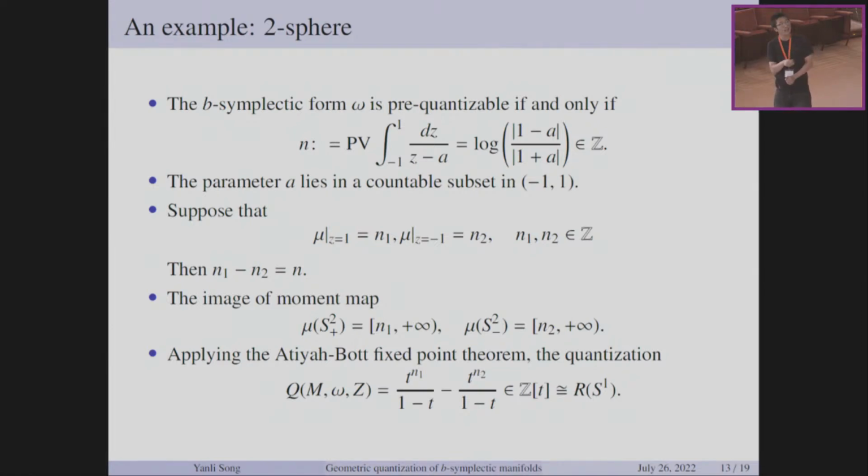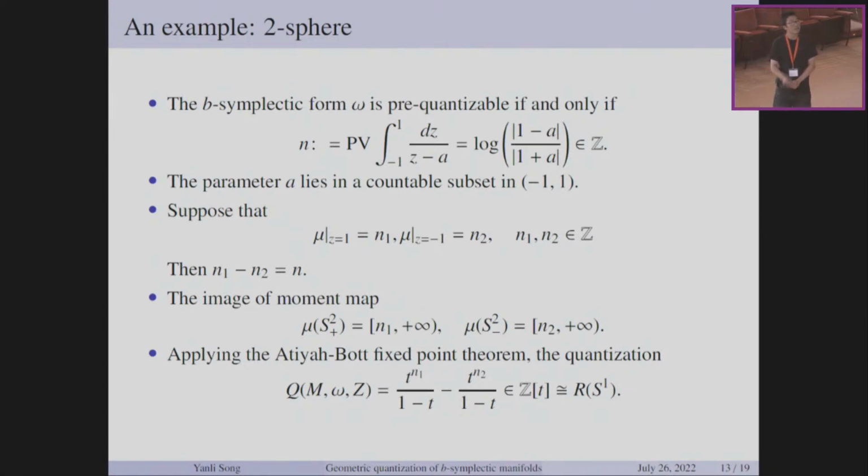So you should view this n as the symplectic volume in some sense. So if you want to quantize, when this space is pre-quantizable, you cannot choose any A, but you can choose countably many A from -1 to 1.